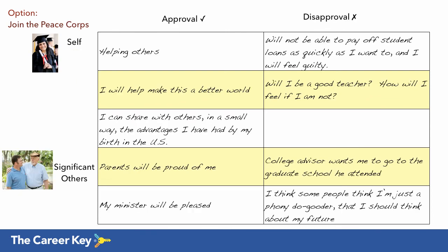And these are the self-approval, disapproval of others that I recall thinking of. On the approval side, I would be pleased to help others and my parents and minister would be pleased too. But on the disapproval side, I would have to delay paying off my student loans and disappoint my college advisor who wanted me to go to graduate school.